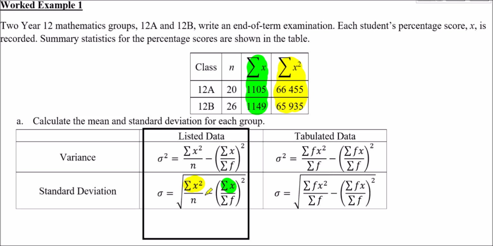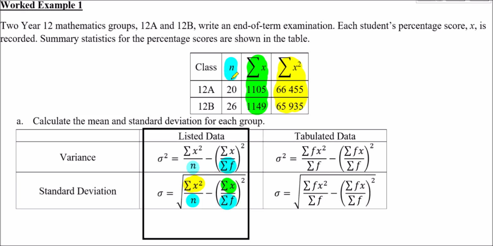And here, n and sigma f are one and the same thing. Another way of thinking of n is it's the sum of all frequencies. If n is just the total number of values, that's the same as saying it's the sum of all frequencies. So you need to know that this one and the other are one and the same thing.